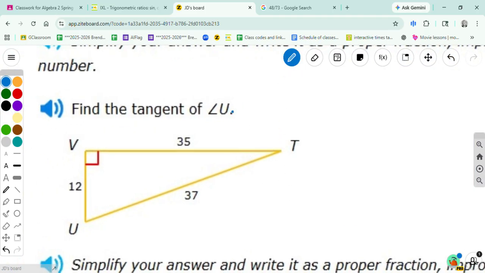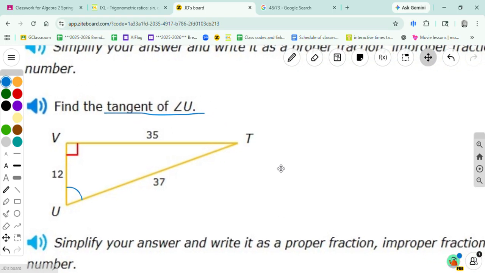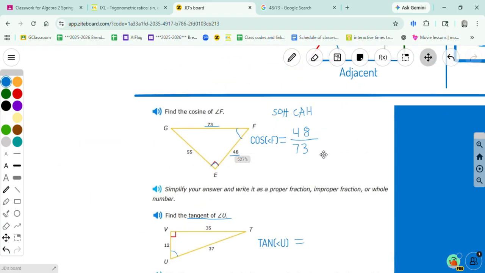This one, they want the tangent of angle U. So here's our angle U. So our tangent, tan, of angle U. That's going to equal, well, let's go look at our SOHCAHTOA.